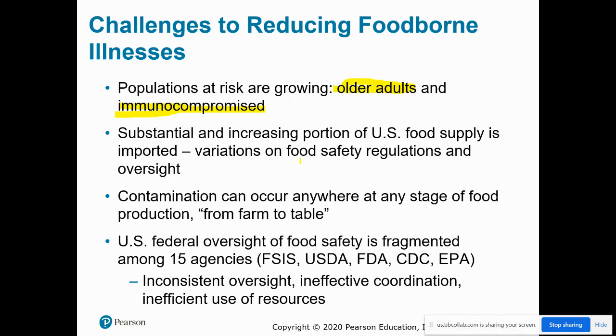So there's much more opportunity for exposure to some sort of pathogenic microorganism. But it also means when we're talking about, even just across state lines, but certainly across international lines, that food safety regulations and the oversight, the management of those regulations, may not be the same in every part of the world.